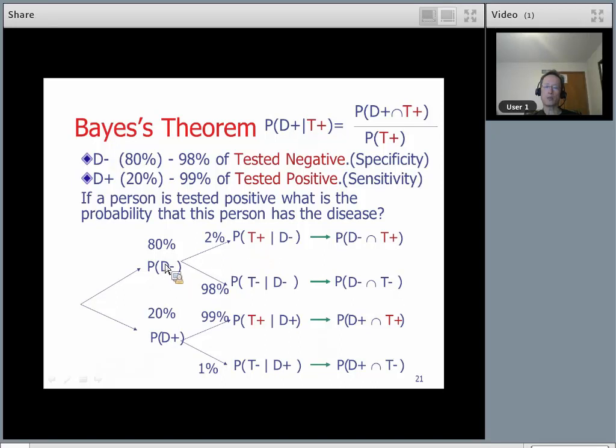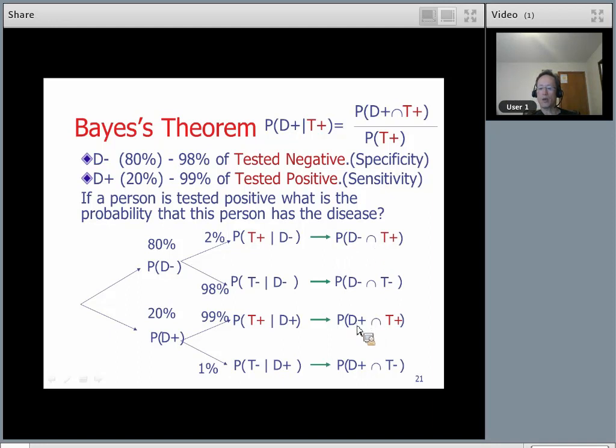Here we have the percentage of people who don't have disease, that's 80%. Then among those who don't have disease, tested positive is 2%. So if you want to figure out overall what percent of people don't have disease and tested positive, that's this 2% out of this 80%. I hope it's making sense. So the product of these two gives you the probability of a person who doesn't have disease and tested positive.